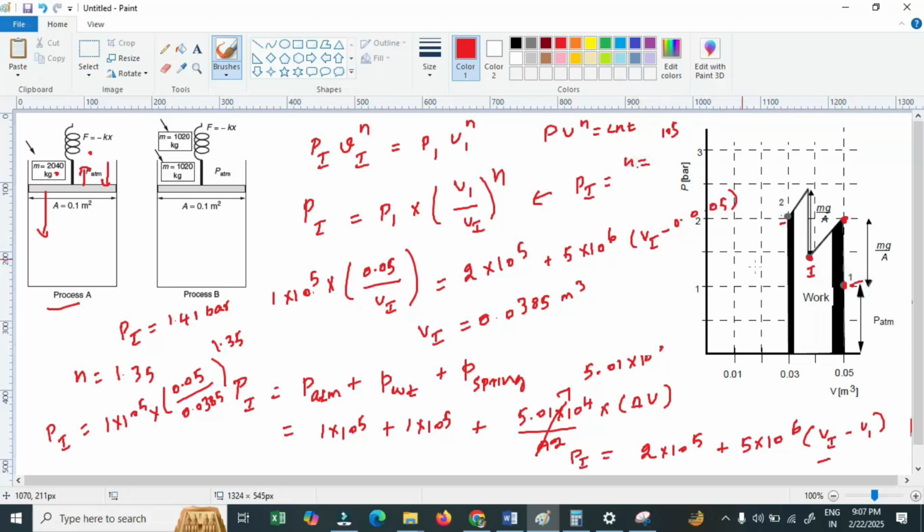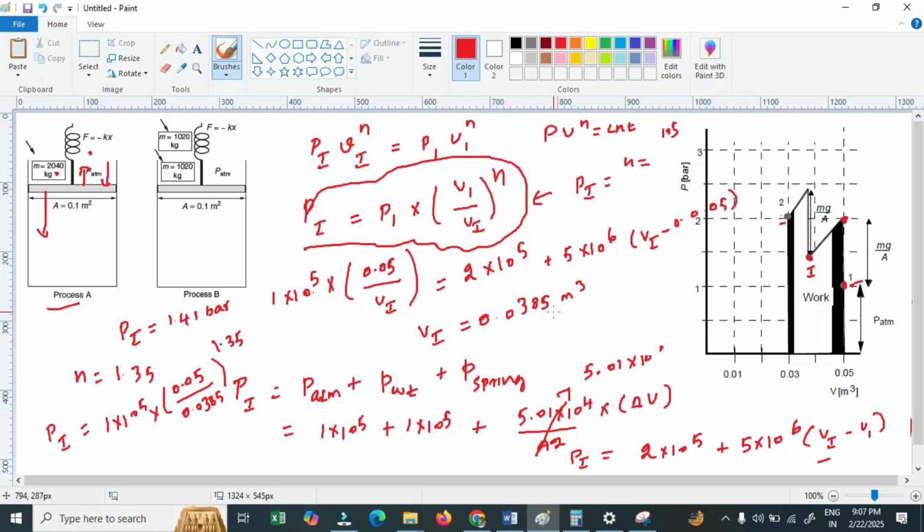Once I know n, I can determine the pressure of the intermediate state, and I arrive at this equation. Still I have some complexity, both Vi and Pi are unknown. Now I use the pressure balance equation, Pi equal to P atmosphere plus P weight plus P spring, substituting all the values again.